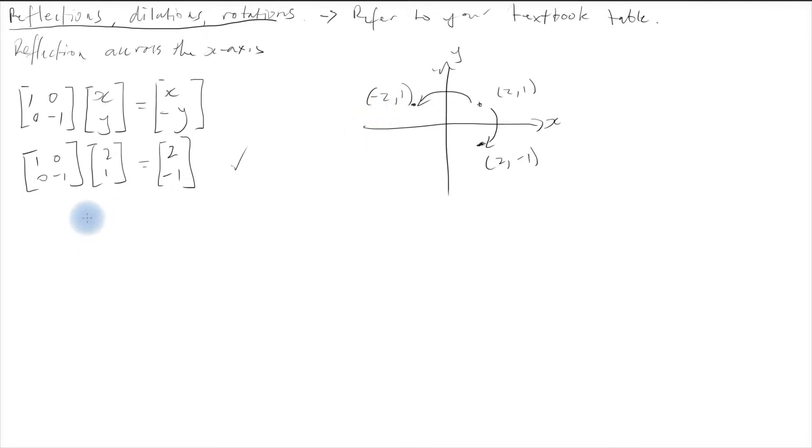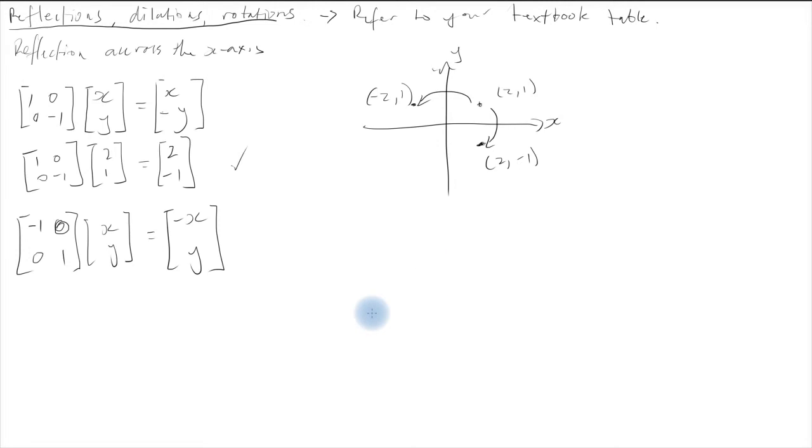So what we would want is to go from x, y and end up with a negative x value and the y value being positive. The way to do that is with the matrix minus 1, 0, 0, 1. So the place where the minus 1 is has changed. That's a reflection across the y-axis.